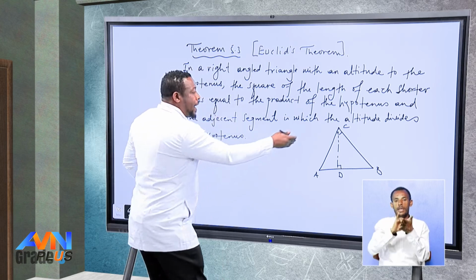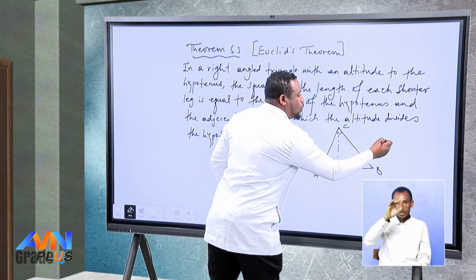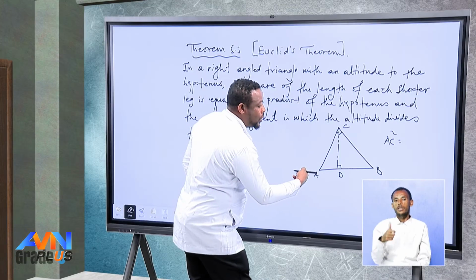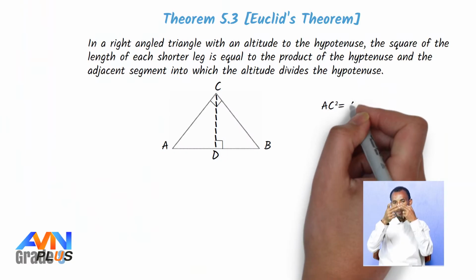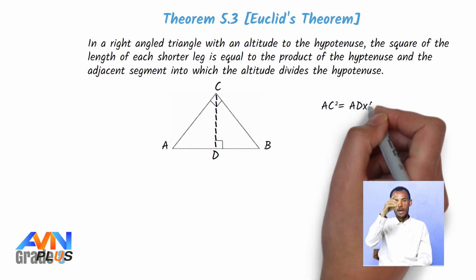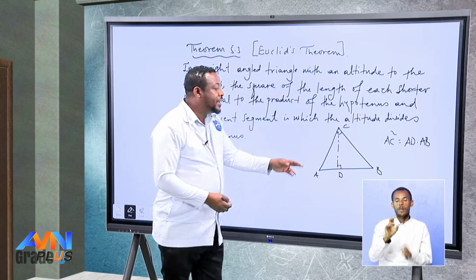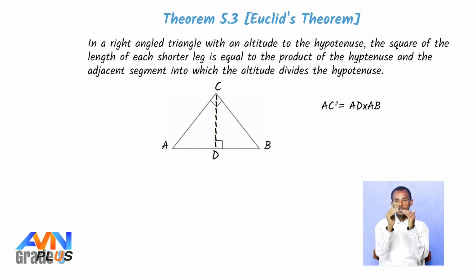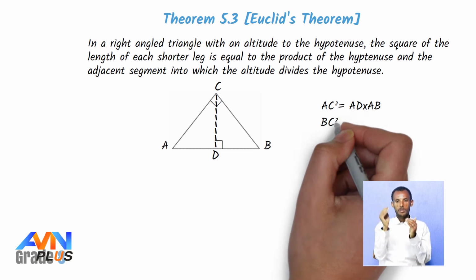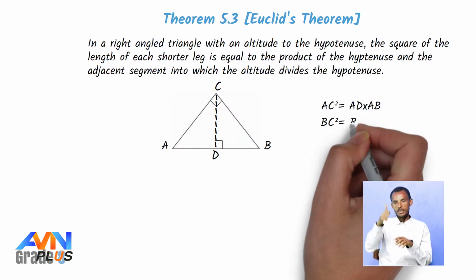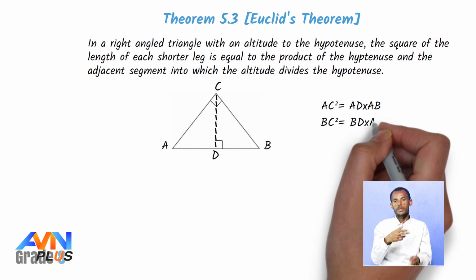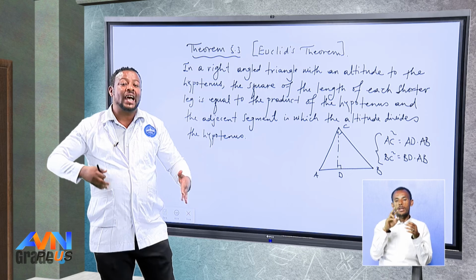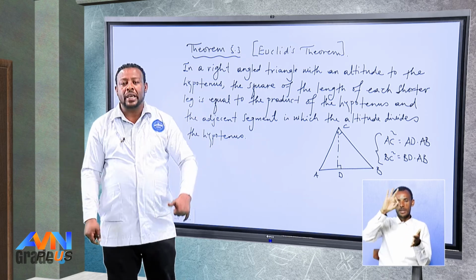That means AC square is equal to AD times AB. The other leg is BC, and the square of BC is the product of the adjacent segment BD times the hypotenuse. These two are the equations that we obtain from this theorem.